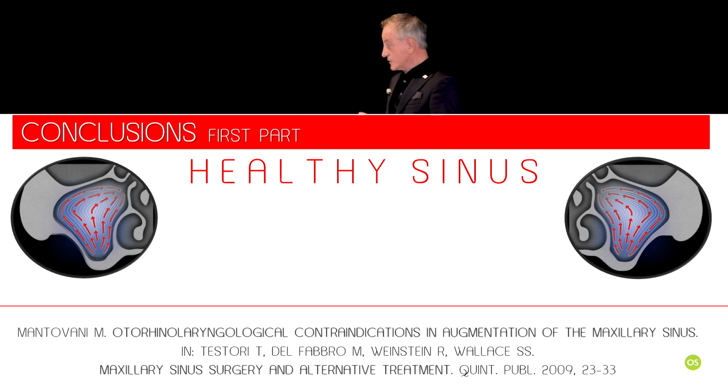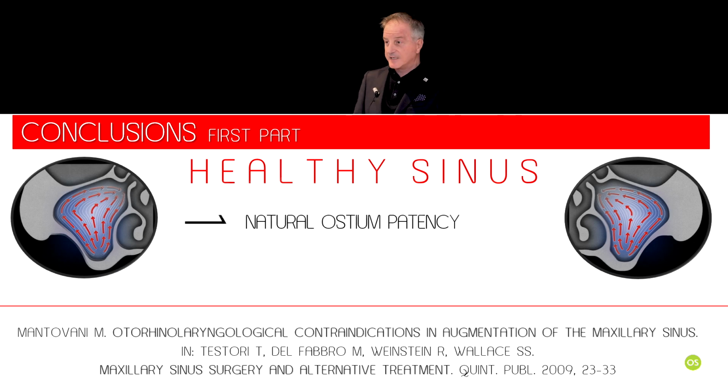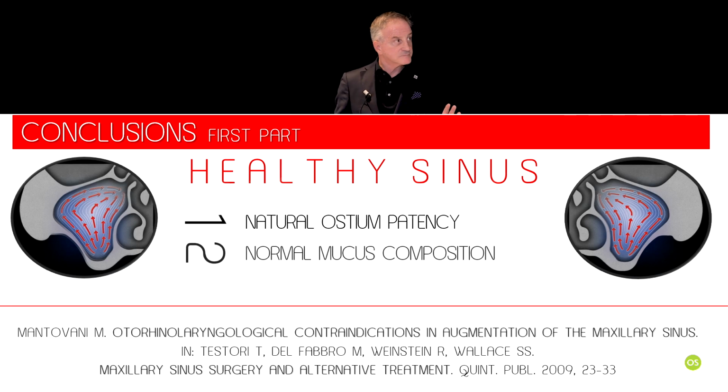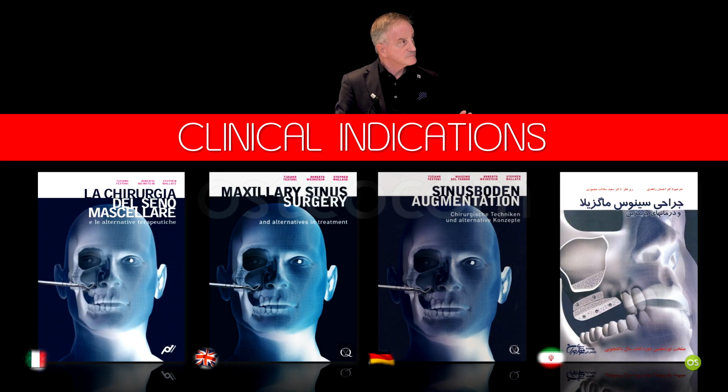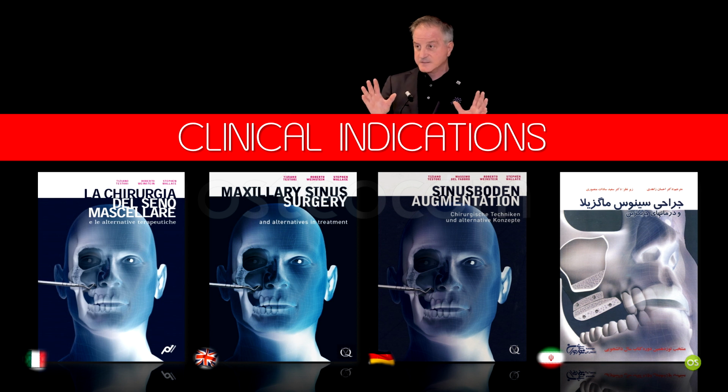So the conclusion of this part is very easy and straightforward. Start from an ostium that is open. If you start from an ostium that is open, it's very easy, straightforward.